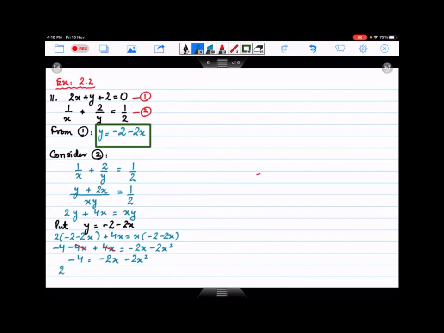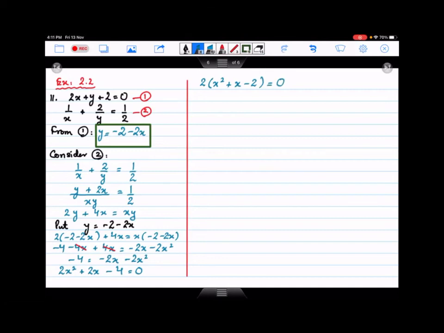So now rearranging it, taking the values from the right hand side and getting it on the left hand side. Now you can see that we have something common here. So what is common here? 2 is basically common here. So I will be taking 2 common.